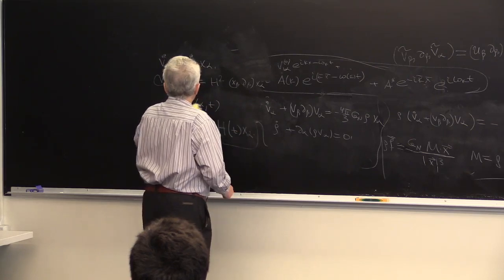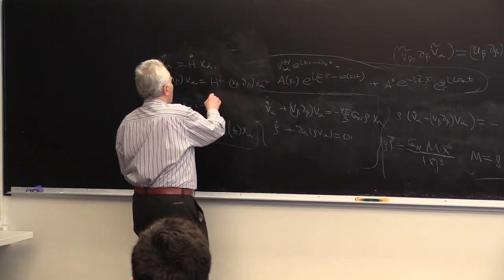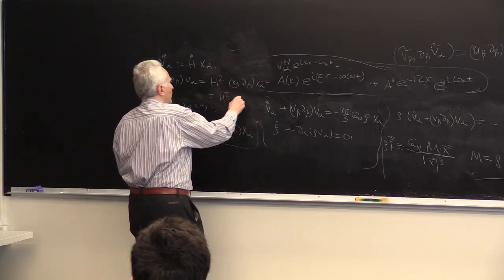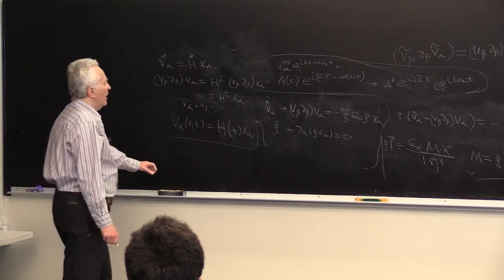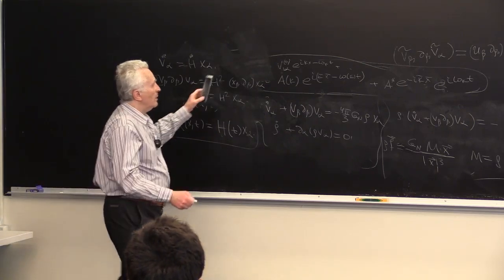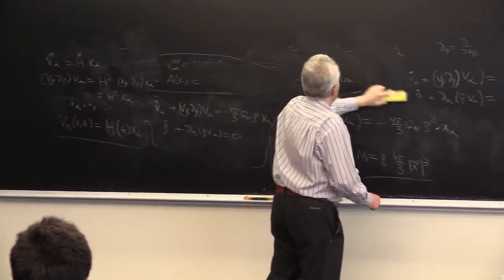Okay, and so we get h square x alpha from this. See? So our Euler equation for the universe becomes very simple.